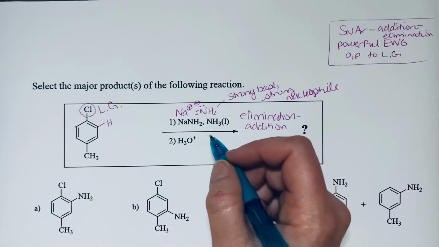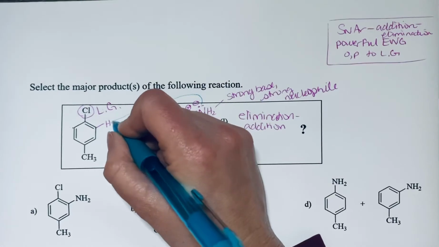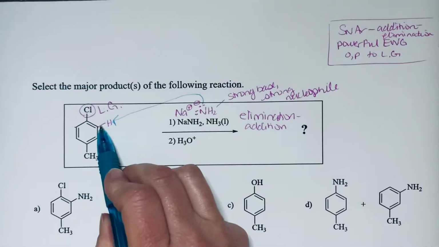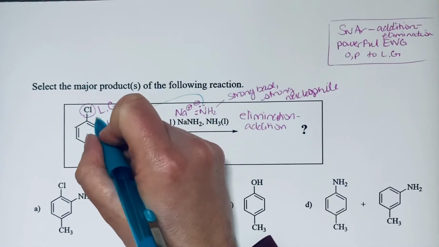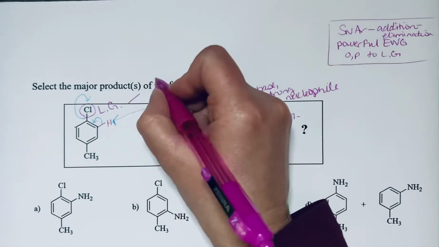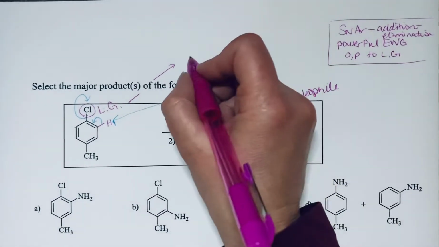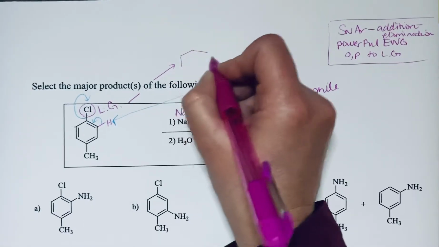But the intermediate we get is really interesting, because when we remove this hydrogen, these electrons have to go somewhere, and where they go is right here to form a triple bond. So we get an interesting intermediate that if you look at it and think, gosh, that doesn't look stable, you're right, it's not.